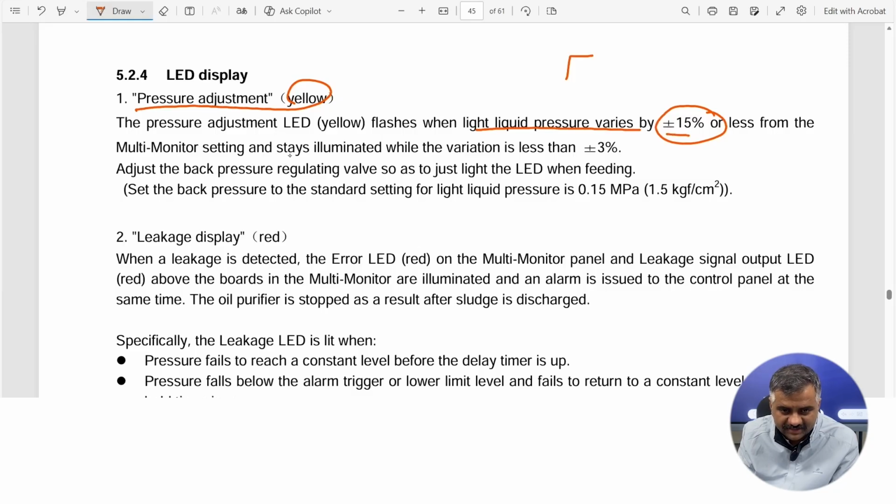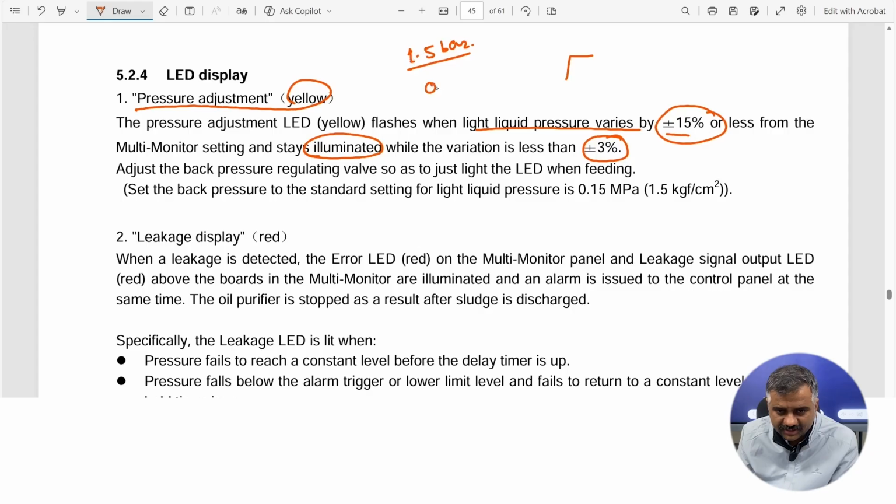So if you understand this, if it is 1.5 bar, it will flash continuously if the pressure varies by 15%, which is around 0.2 bar. So if the pressure is 1.3 to 1.7 back pressure, then it will be continuously flashing.